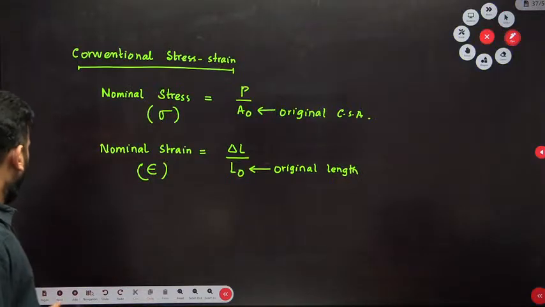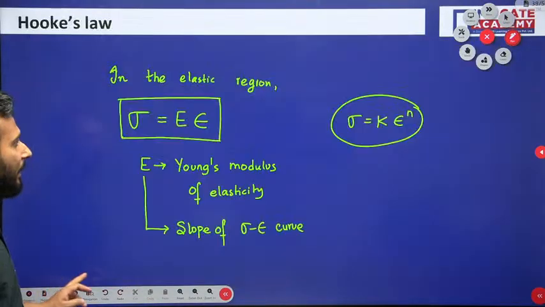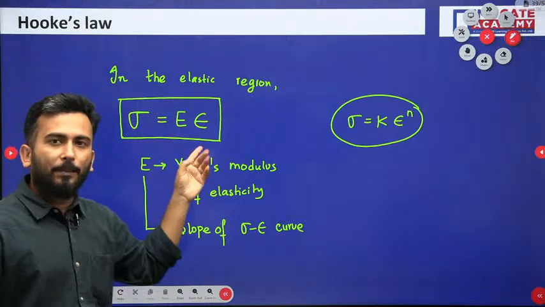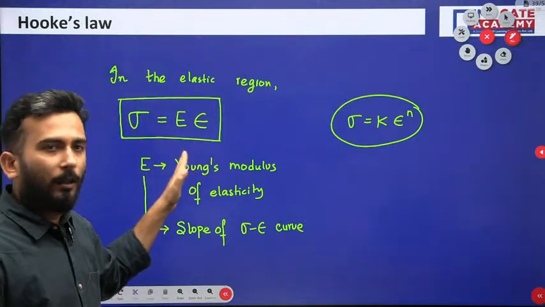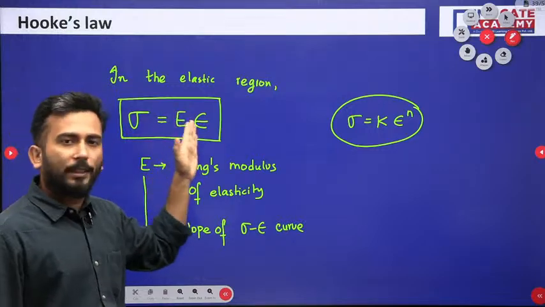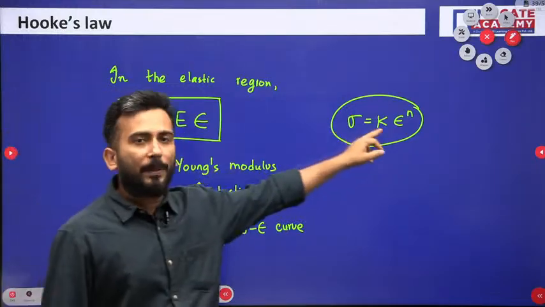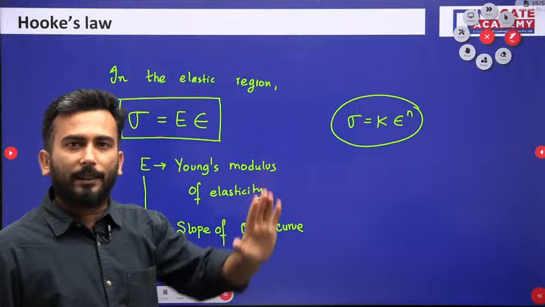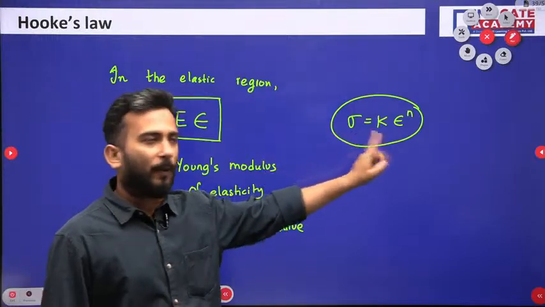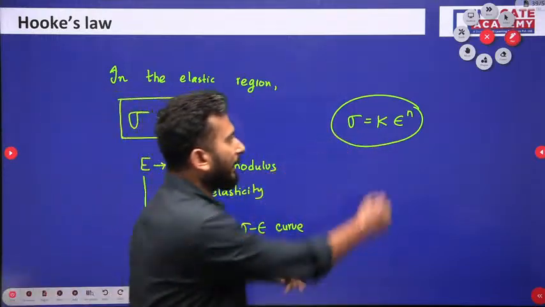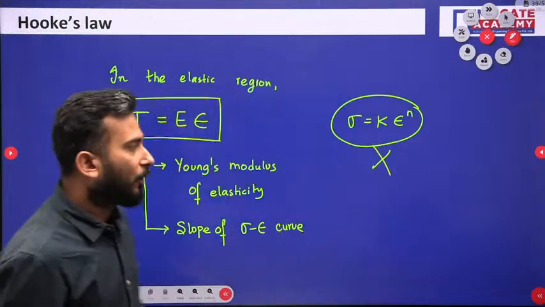So nominal stress, nominal strain, the basic features. Hooke's law of elasticity is applicable only till the proportionality limit. The other relation is applicable in the strain hardening region, in the plastic region, which is there in the production, manufacturing subject. We will not use it in strength of materials.